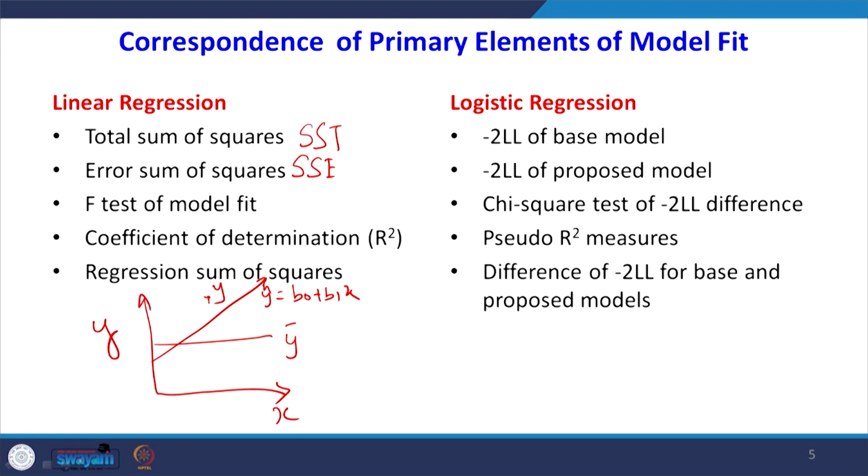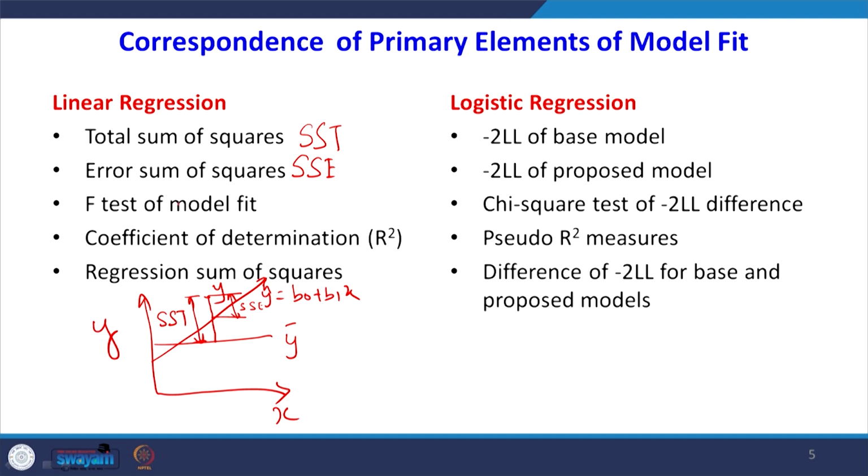So, this distance was our SST. The equivalent value in logistic regression is minus 2LL. Similarly, we have seen SSE, this unexplained length in the regression equation, which is SSE, the error sum of squares or unexplained variance portion.